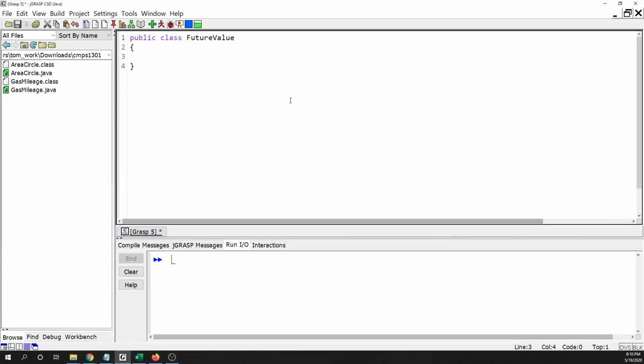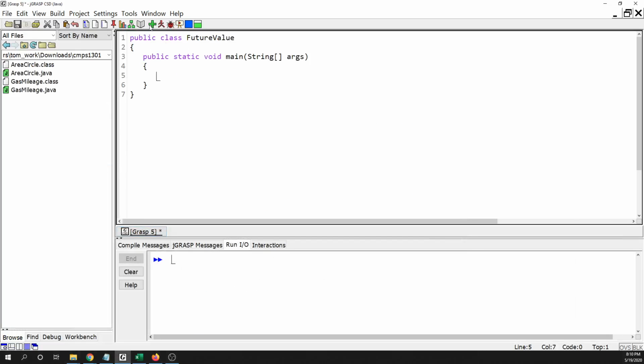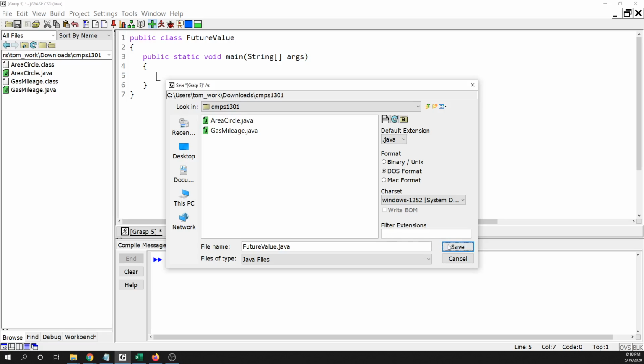And then the main method header, public static void main string args. Okay, and so that's a good point to compile it. Make sure everything looks good.